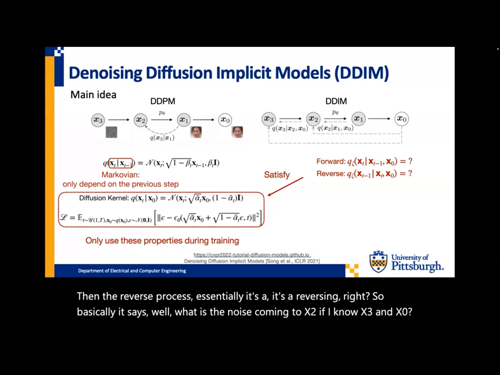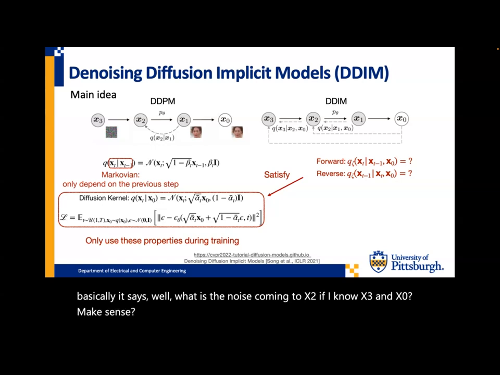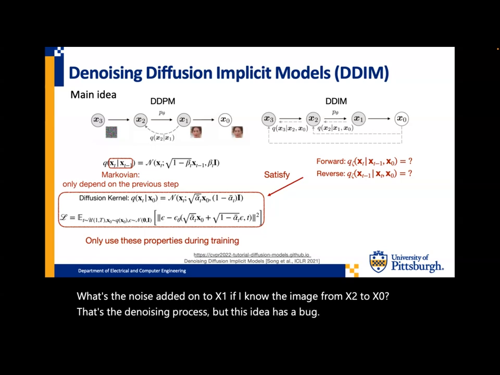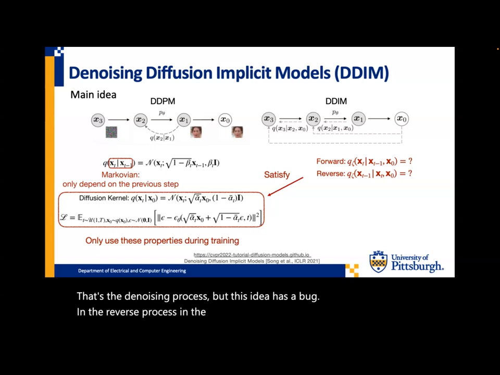Make sense? What's the noise added to x1 if I know the image from x2 to x0? That's the denoising process. But this idea has a bug. In the reverse process, you are trying to get x0, which is the real image.